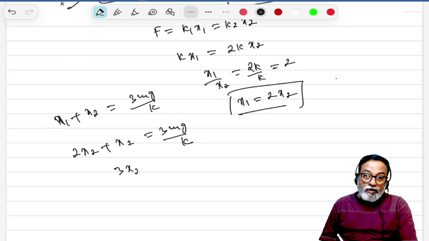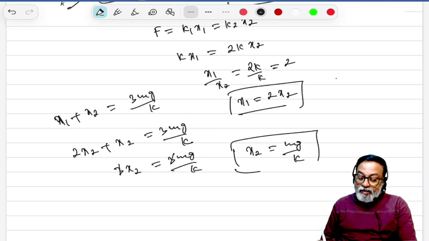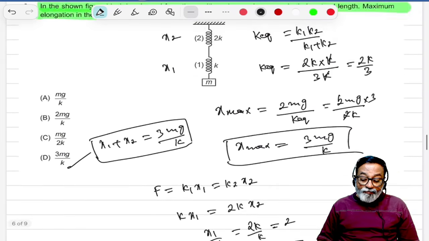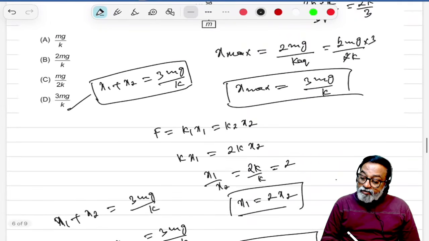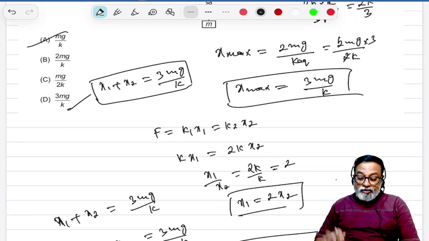Therefore, 3x2 is equal to 3 mg by k. So 3 gets cancelled. Therefore, x2 is equal to mg by k. This is the elongation in the spring 2. Therefore, answer mg by k, answer A is correct. This is the problem number 1. Next one.